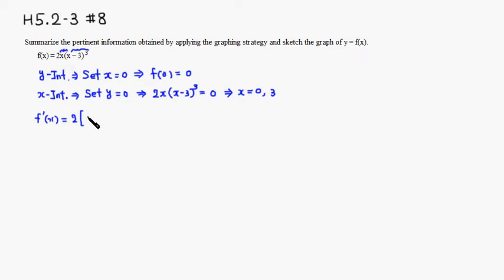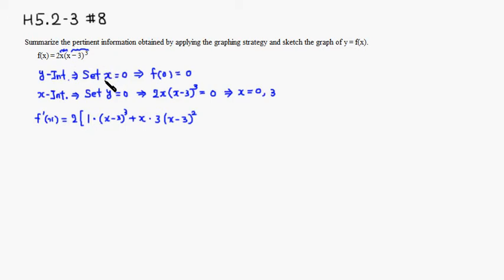Derivative of the first guy is 1, times the second guy, x minus 3 cubed, plus the first guy, x, times the derivative of quantity x minus 3 cubed, which would be: put 3 in front, keep the quantity x minus 3, subtract 1 from the power, so it's 2.